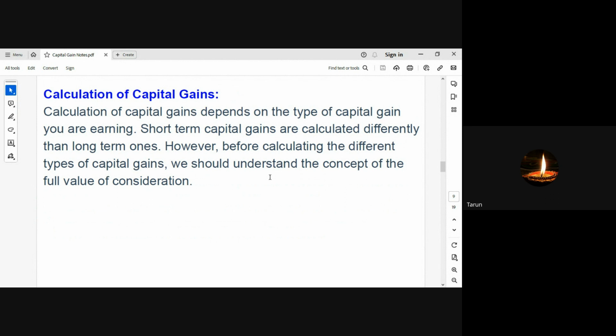Before calculating, you need to understand the concept of full value of consideration, because there are various short concepts you need to understand, otherwise you cannot do the numerical questions. So it is very important for me to make you understand the small concepts which will be used in the numerical questions.